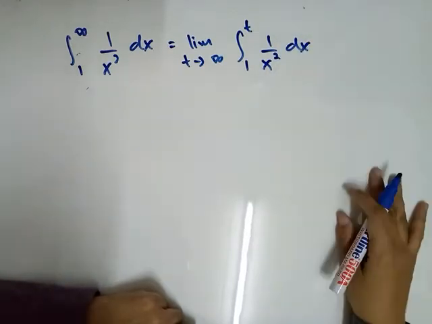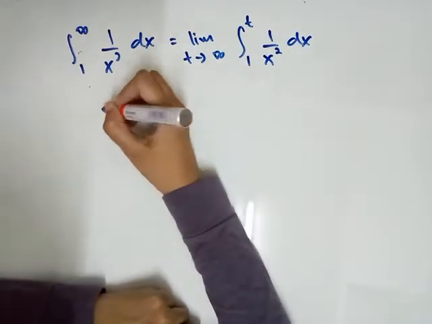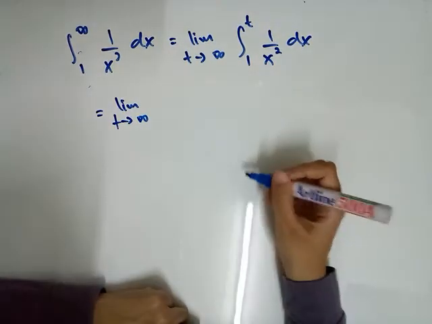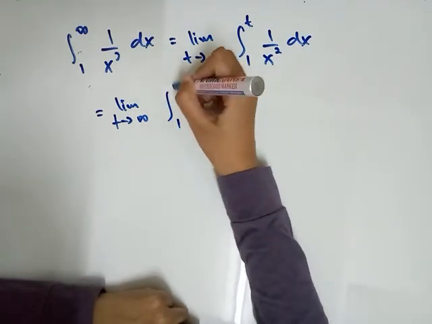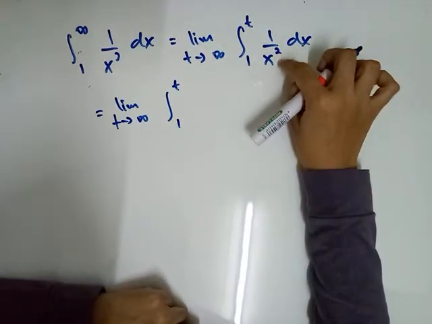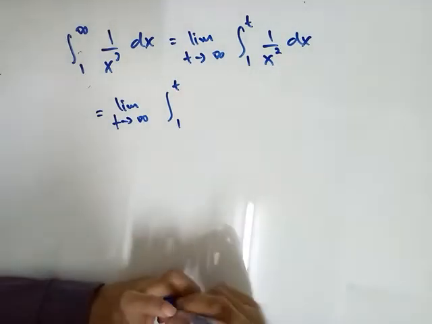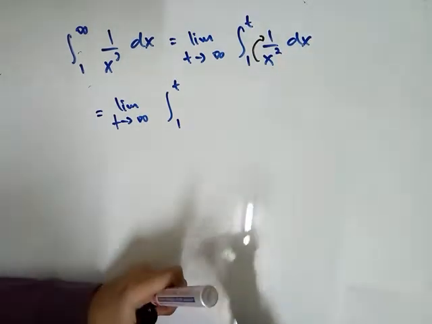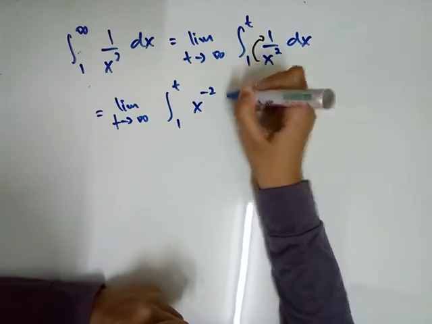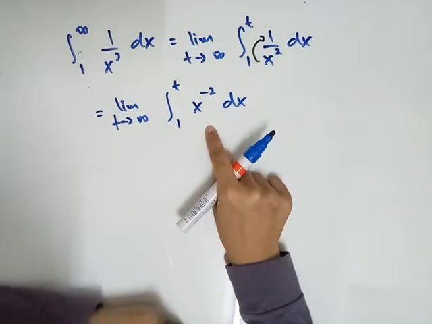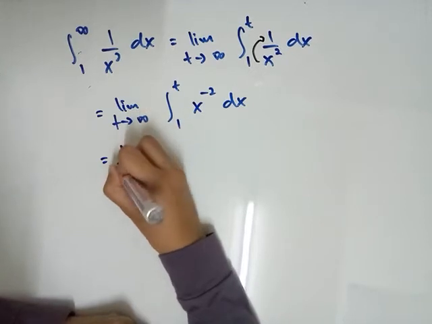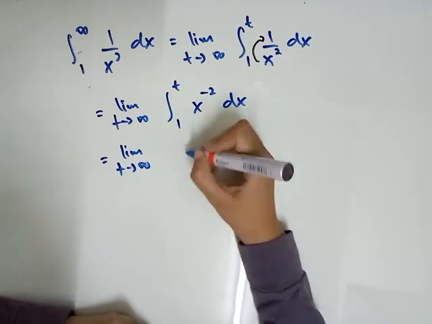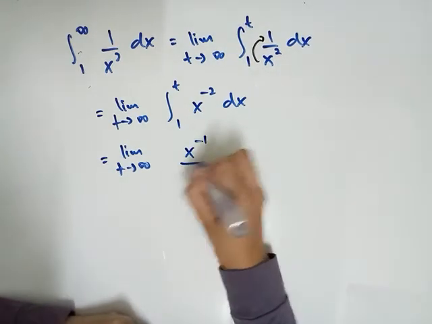And then integrate, limit t approaching infinity, from 1 to t. How to integrate 1 over x squared? We need to move x squared to the top, and it becomes x to the power negative 2 dx. Then we can integrate. Integrating x to the negative 2 becomes x to the negative 1 divided by negative 1.